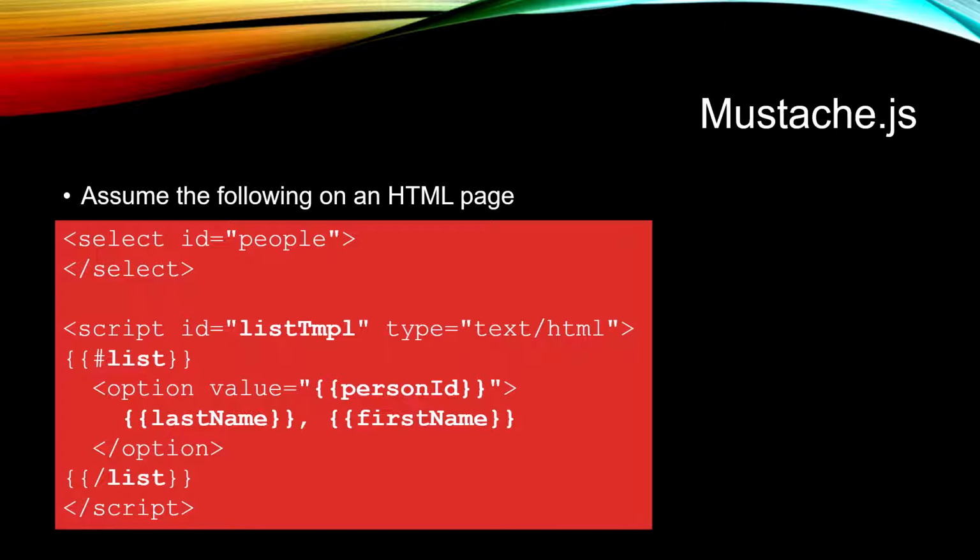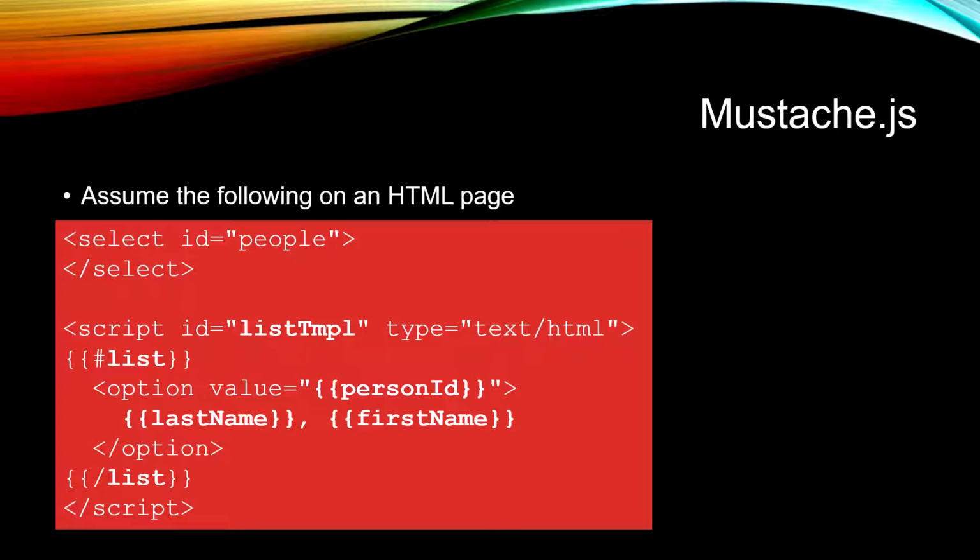As a simple little example, let's take a look here where I've got a select ID equals people. And what we want to do is fill that up with options. So I've got this script tag where I've set the ID equal to list template. The type, though, is text/html. It's not text/javascript, which you'd normally find on a script tag. You then see the double curly braces and then a pound list, and then you see a slash list at the end.